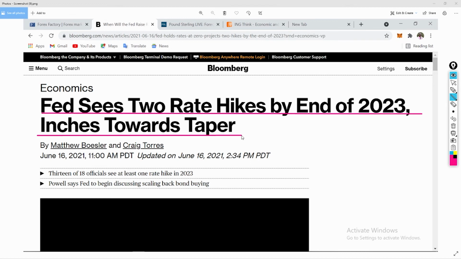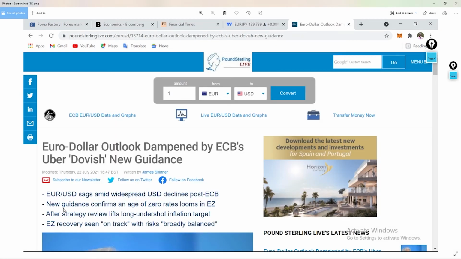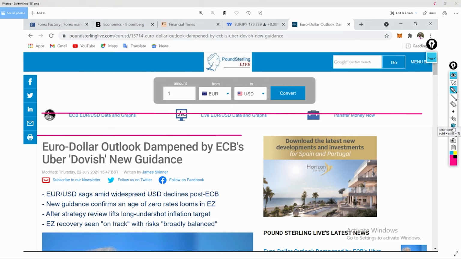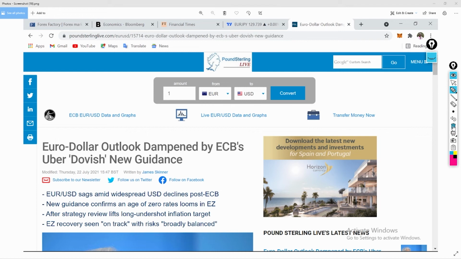And the Fed was doing all this, and at that moment the European Central Bank, ECB here means European Central Bank, were not giving any news or outlook of stopping their quantitative easing program, which would give them the chance to hike interest rates.